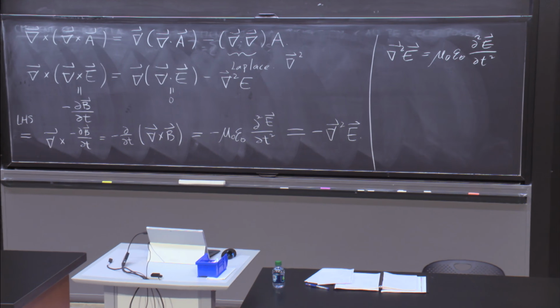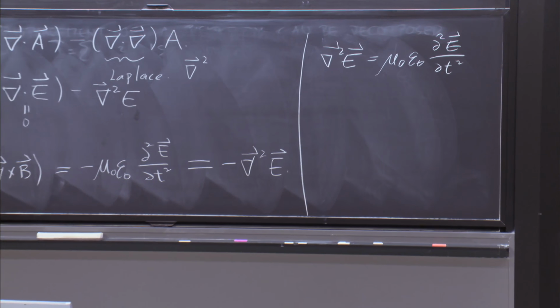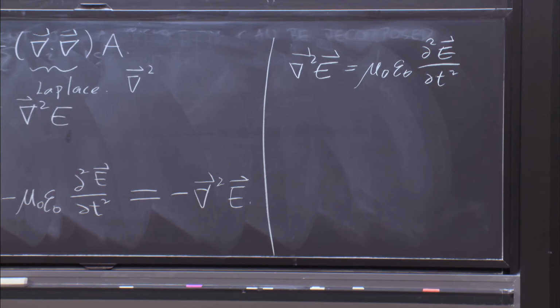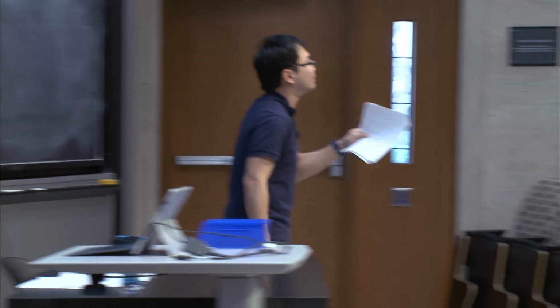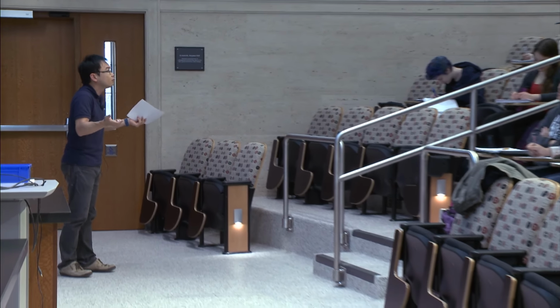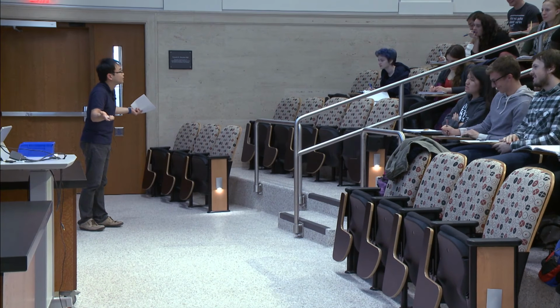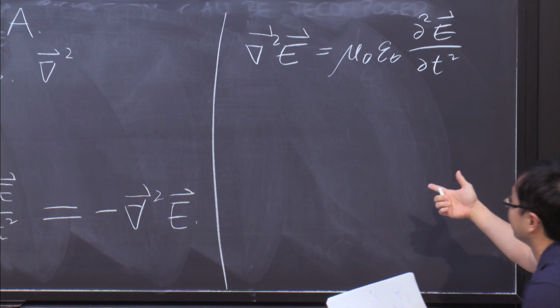Okay? Wow, this looks like what? Wave equation again! Oh my God! But there's some difference, right? This is different from what we saw before. Before, the wave equation only had partial square partial x squared.